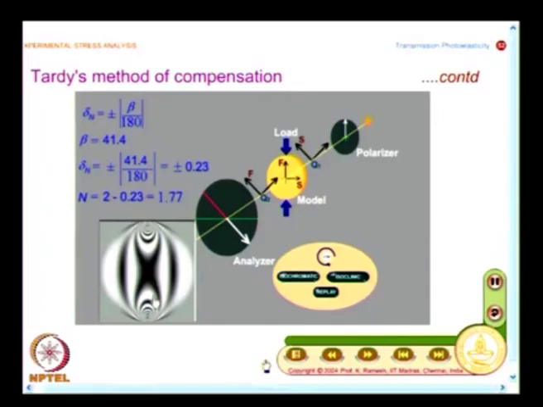So, if you are able to observe this, is it necessary to mark the point at the center? It is not necessary. See, if I want to do any evaluation quantitatively at a point of interest, I must mark the point and then find out the fringe order.